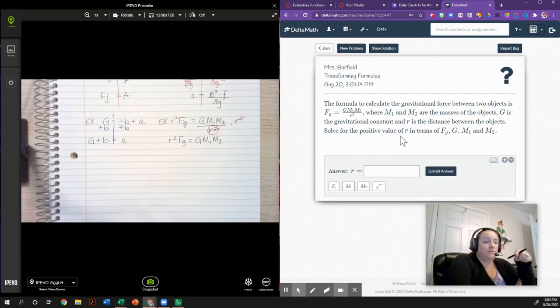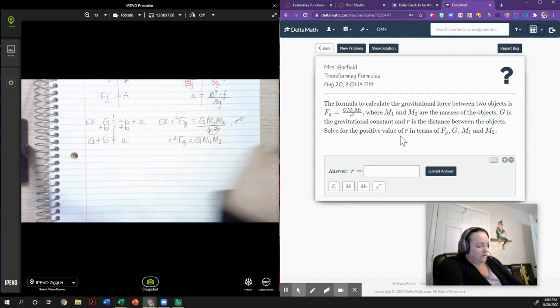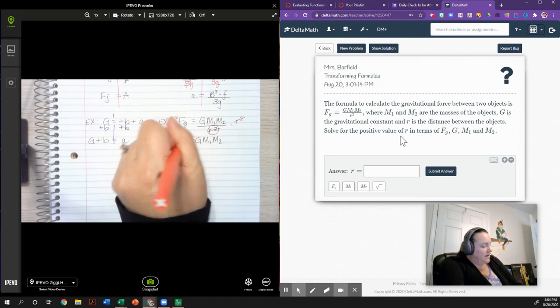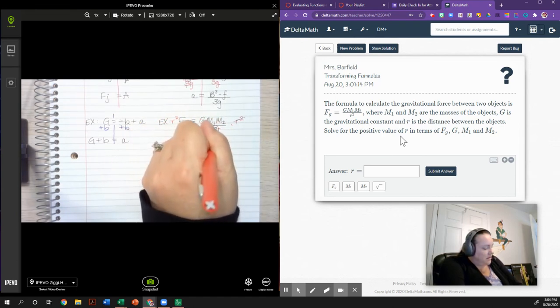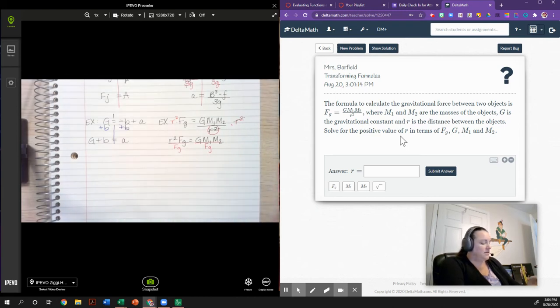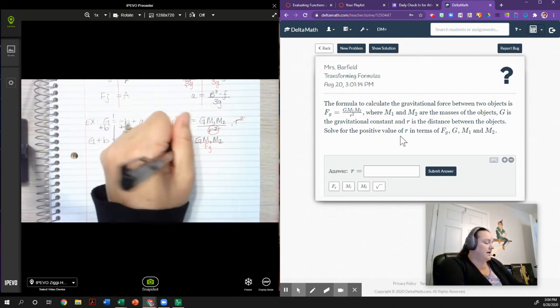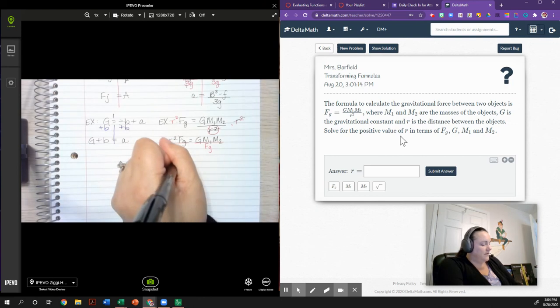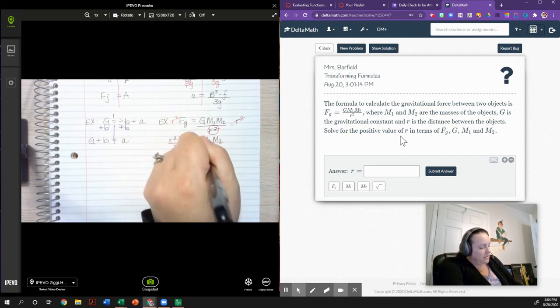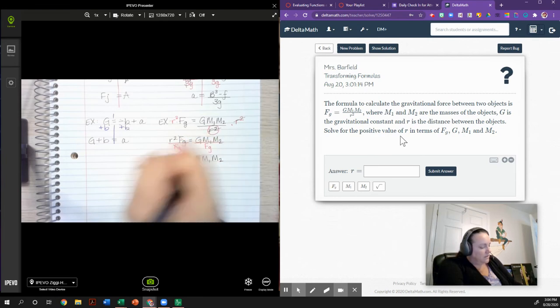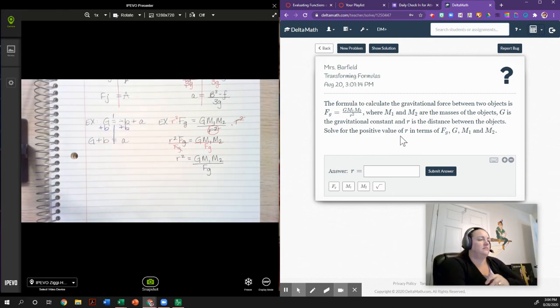So now I'm in a good position to get r by itself because I can divide both sides by F sub g. Okay, so that cancels. I'm left with r squared equals capital G m sub 1 m sub 2 divided by F sub g.